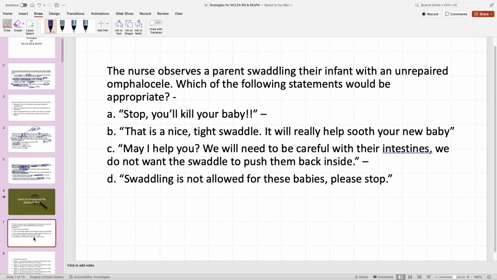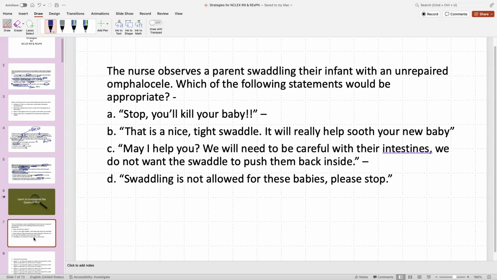The first one, stop. You will kill your baby. I'll put a question mark on this one. Second one, that is a nice tight swaddle. It will really help soothe your new baby. I will say no to this one.